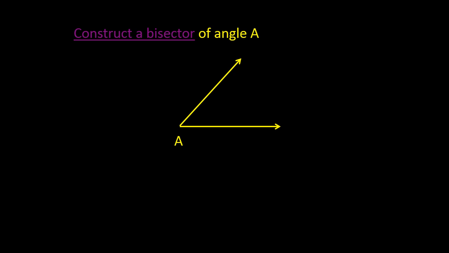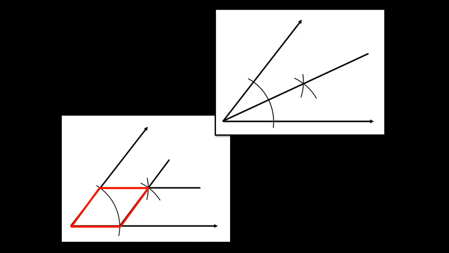There's a connection between the construction of an angle bisector and the construction of a rhombus. Here's what we did when we constructed a rhombus. And here's what happens when you construct an angle bisector. If you look at the arcs in the pictures, you'll see that the arcs are in exactly the same place.